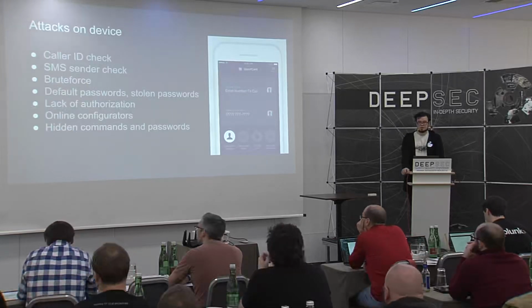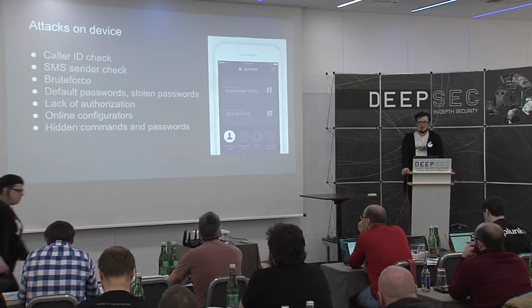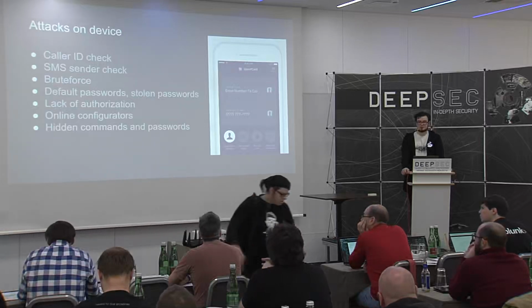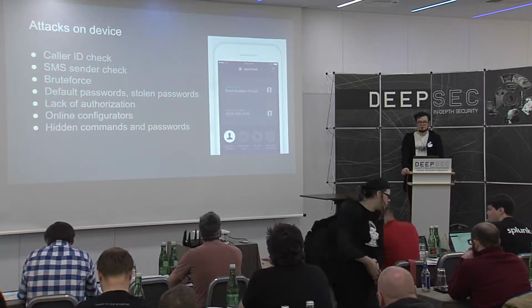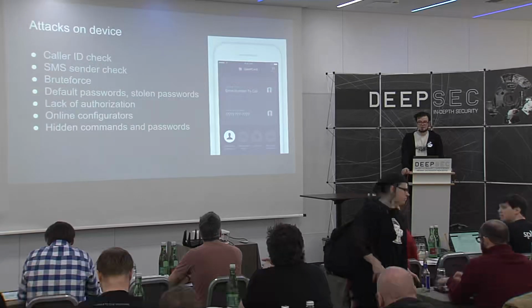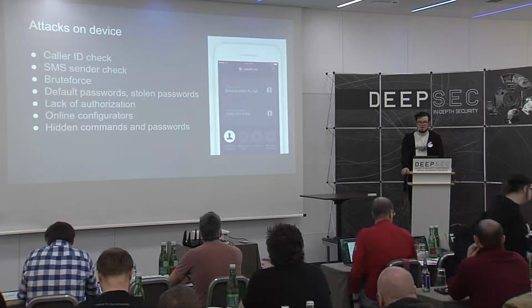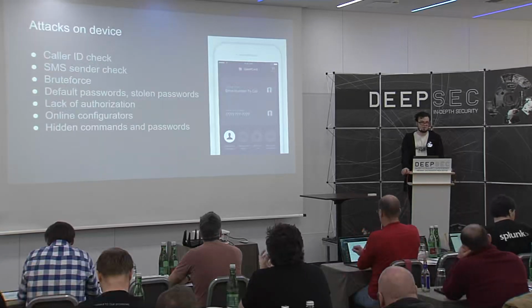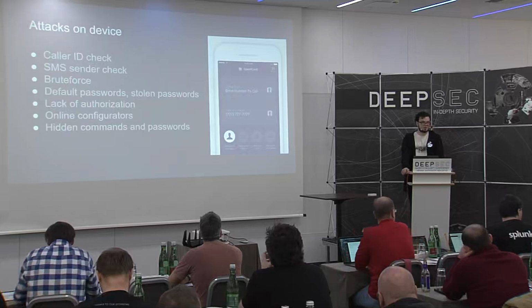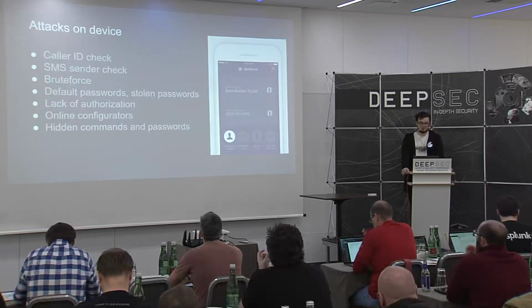Sometimes there are a lot of problems with authorization, because a lot of GSM trackers don't allow you to use any authorization. It means that if you know the phone number, you can send an SMS, sometimes you can make a call, and get information about the location of a car, location of a bike, sometimes location of a bag.